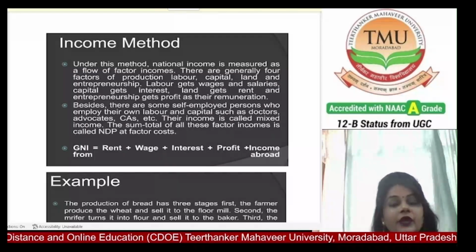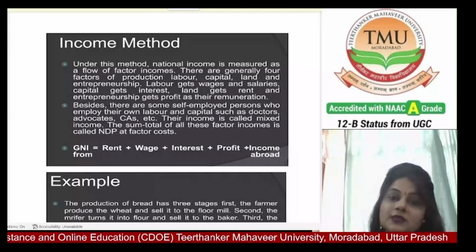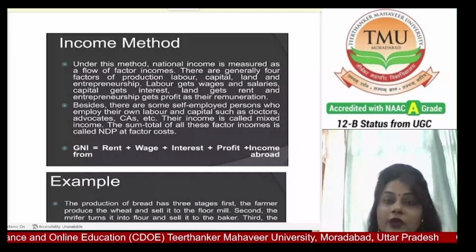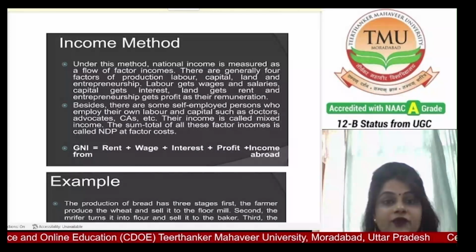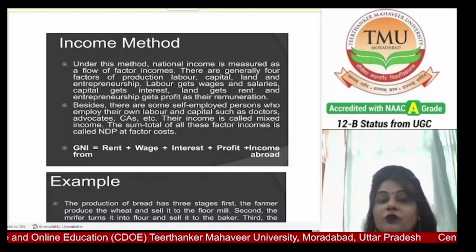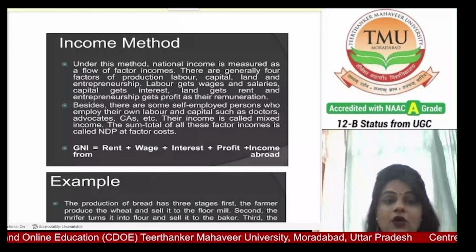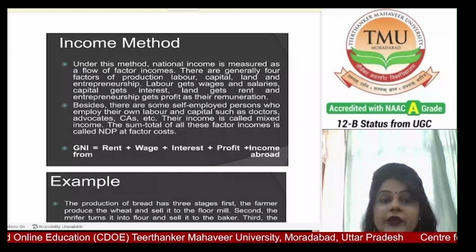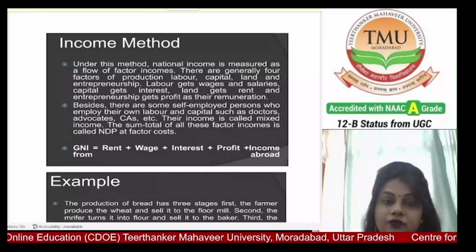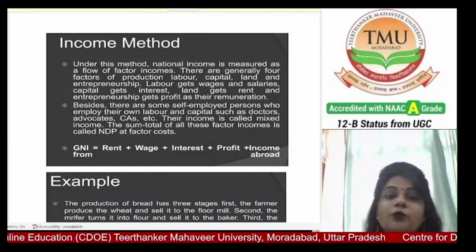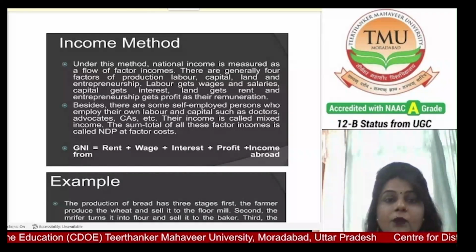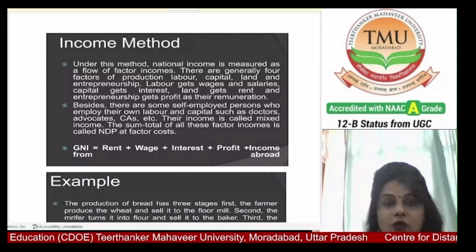Now we discuss interest. Interest is the factor payment of capital. Interest refers to the income earned from lending funds to production units. It includes both actual and imputed interest provided by the entrepreneur.